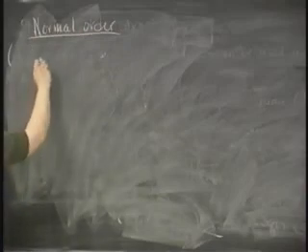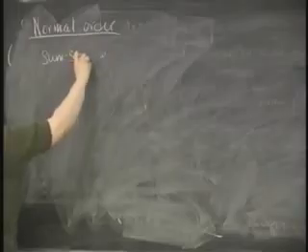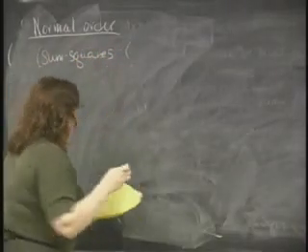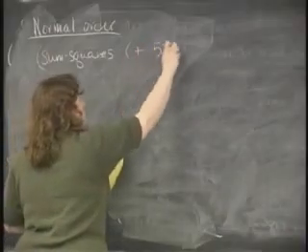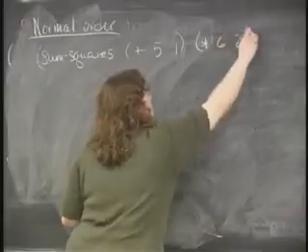Label it as such because it is different from the normal Scheme substitution model. So let's do sum of squares, plus 5, 1, 10 times 6, 2.